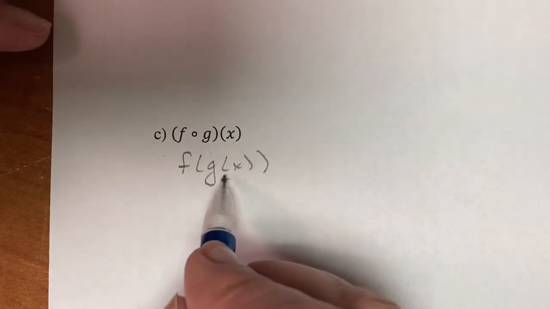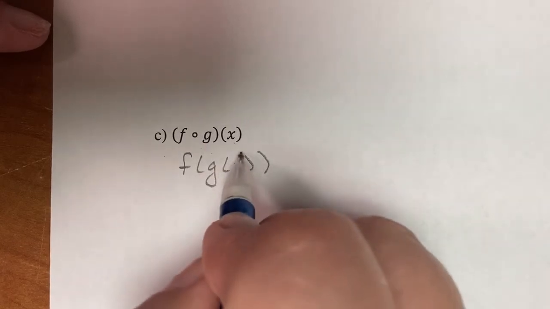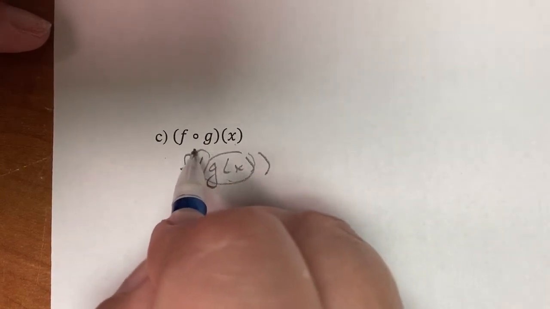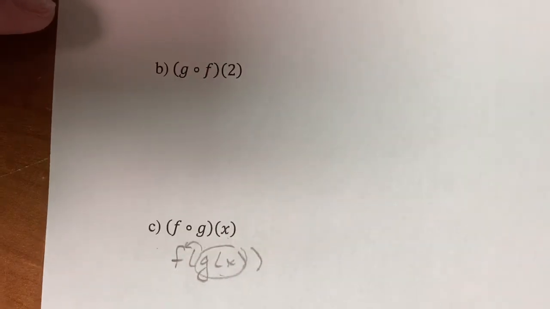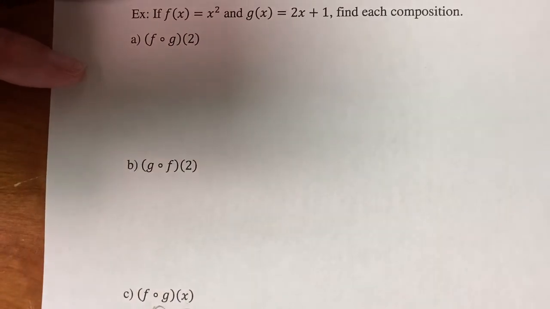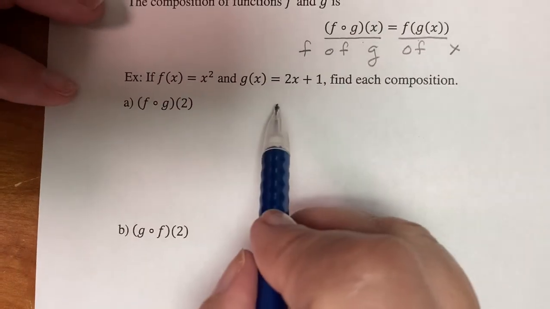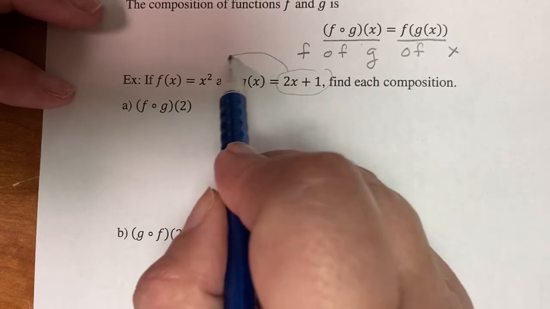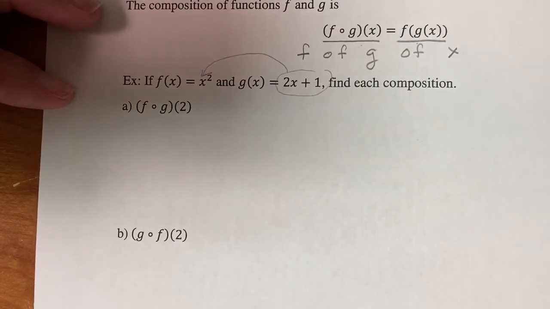So now, what does this mean? It means I'm going to take my g function and plug it into my f function. So if I go back up here, that means I'm going to take my g function and plug it into my f function for x.